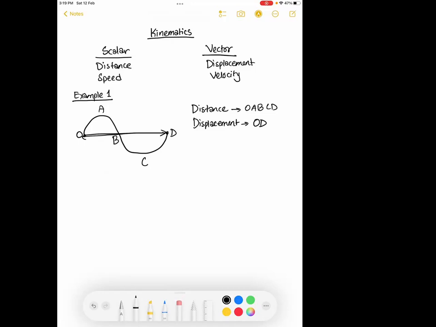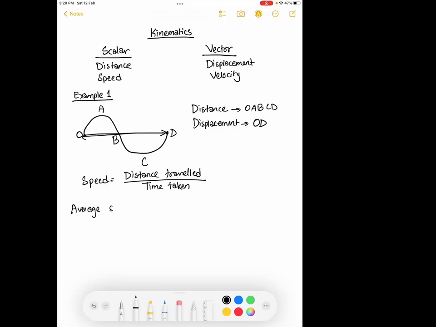When we talk about speed, obviously it is distance traveled divided by the time taken, right? But what if we are talking about average speed?